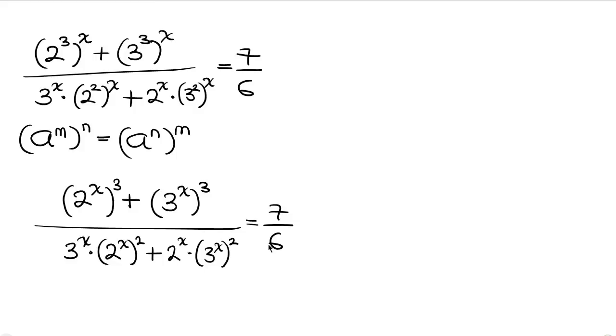Very good. Now notice that we have 2 to the x, 3 to the x, 3 to the x, 2 to the x, 2 to the x, 3 to the x. So since we have something like this, our next step will be for us to introduce substitution. Let 2 to the x be equal to a, and let 3 to the x be equal to b.